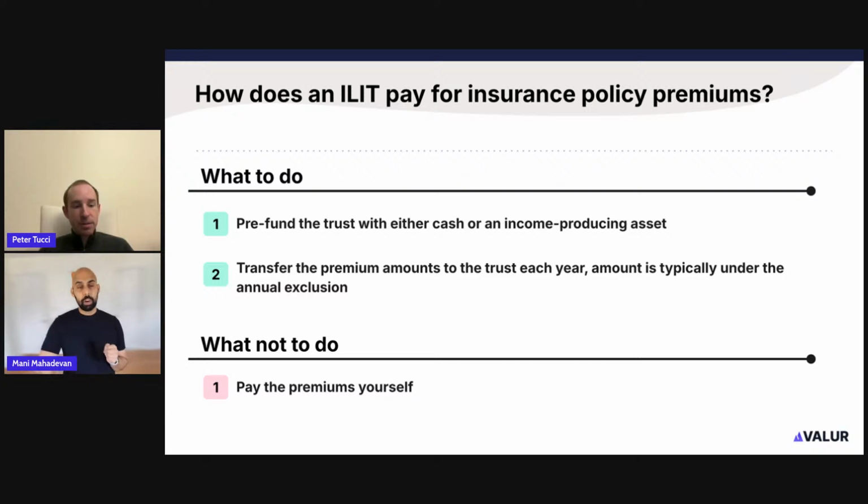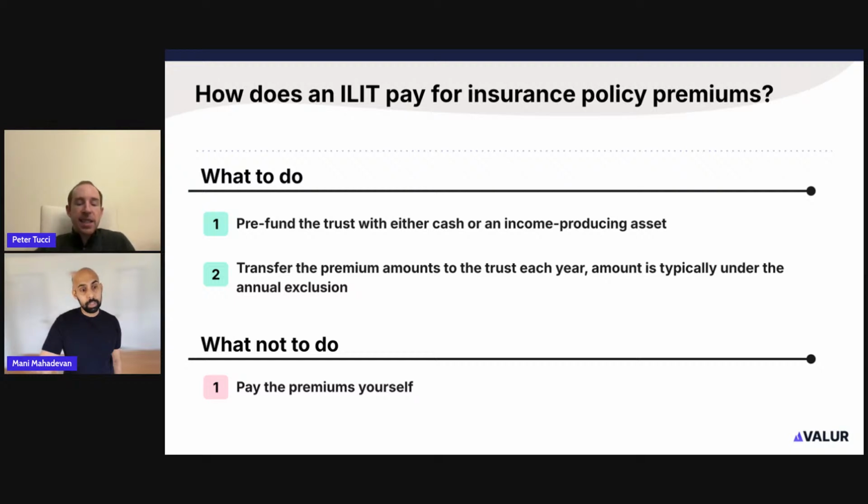And a key piece to call out here is that this can use up, we mentioned the lifetime gift exemption. This is going to either use up likely a large chunk of your lifetime gift exemption or potentially cause gift taxes if you've already used your lifetime gift exemption. Yeah.